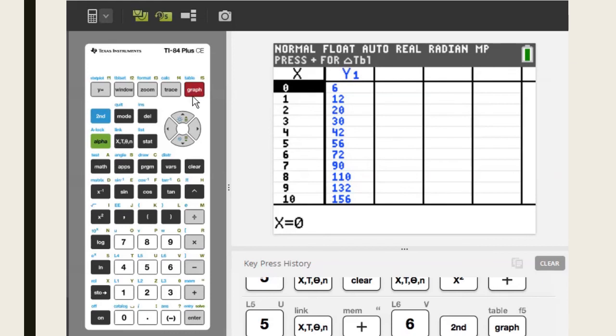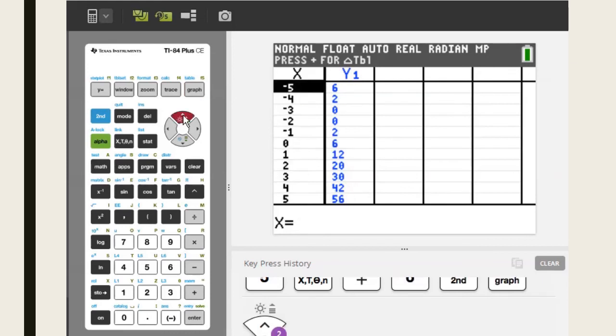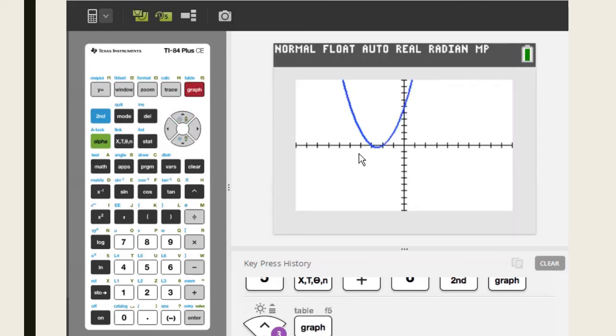So I'm looking at the table, and I can see that I have two zeros when x is -3 and when x is -2, which are exactly what I got when I solved the quadratic by factoring. We can also find the zeros using the graph as well. So in the graph, as you can see, the graph crosses the x-axis at 2 points, -2 and -3.